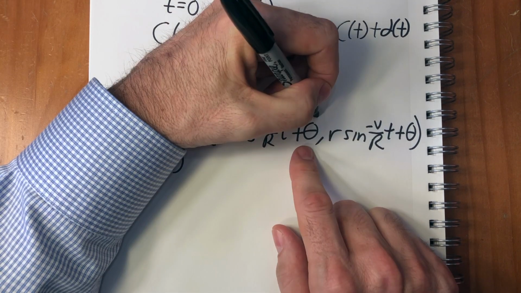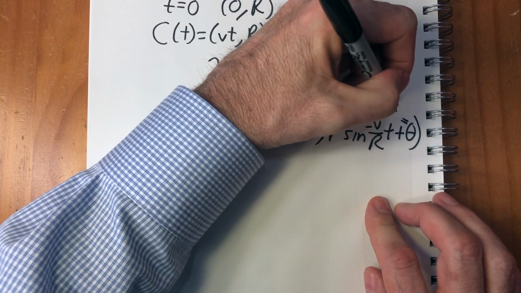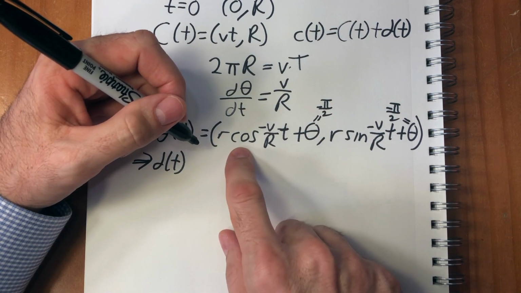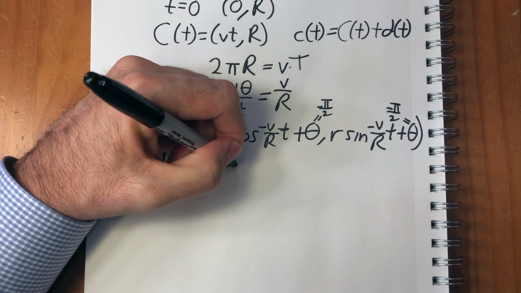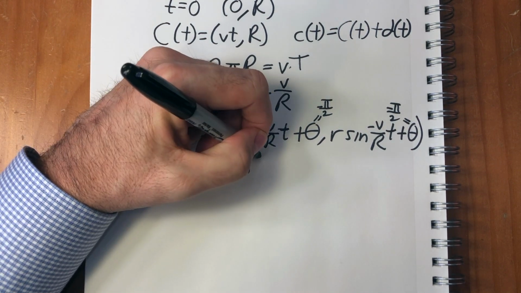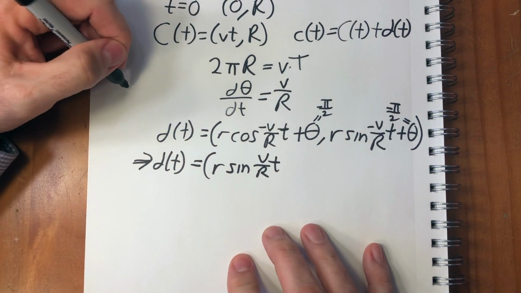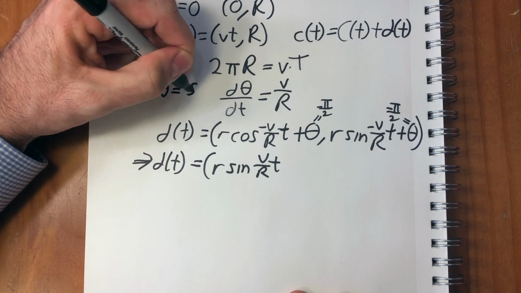Okay, so plug that in, and then d(t) equals, and we're also going to use some trigonometry identities here. Here the angle is minus pi over 2. Here the angle is minus pi over 2. When you shift cosine and sine by minus pi over 2, that makes cosine into minus sine. So we have r times minus sine of minus v over r t, but there's another identity that says sine of minus theta equals minus sine theta.